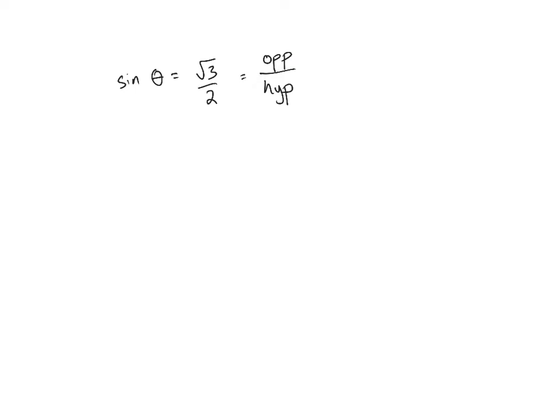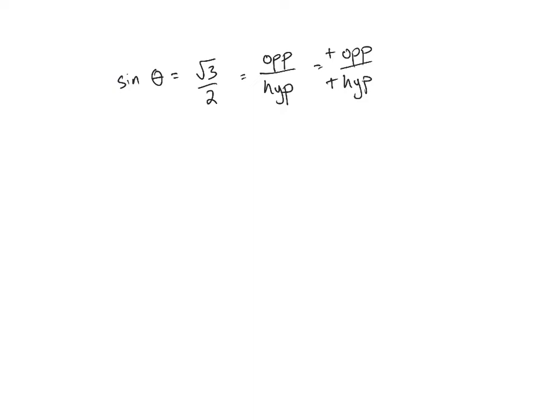Our hypotenuse will always be positive. So this means that our opposite has to be positive for this sine of theta to be positive.